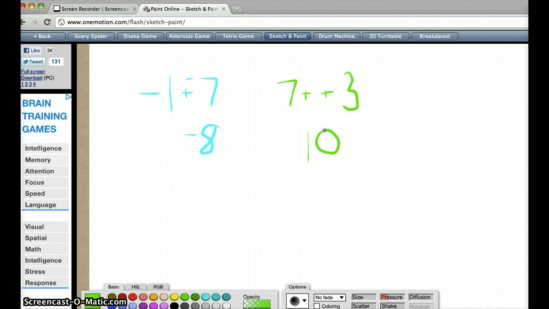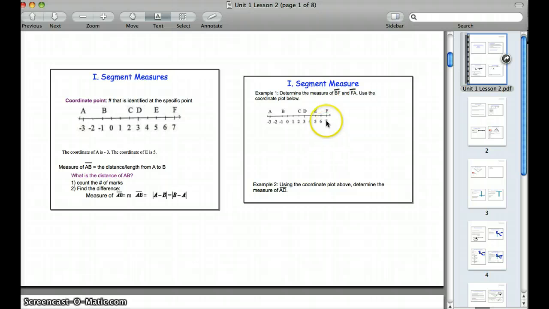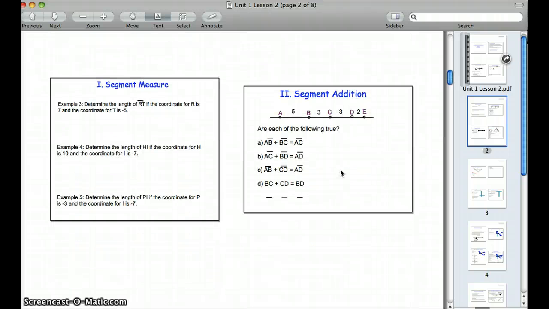Let's count: 1, 2, 3, 4, 5, 6, 7, 8, 9, and 10. And we are correct. Now what I want you to do is go ahead and do segment measure examples 3, 4, and 5 on a separate sheet of paper, and I will collect that on Tuesday.